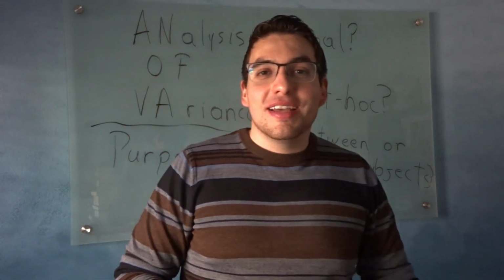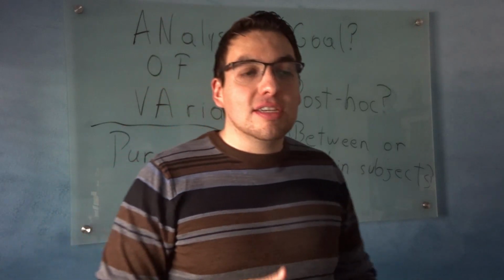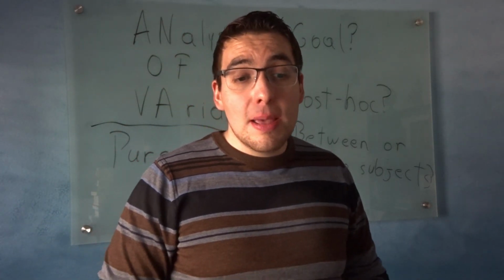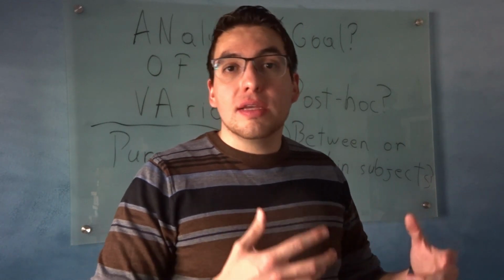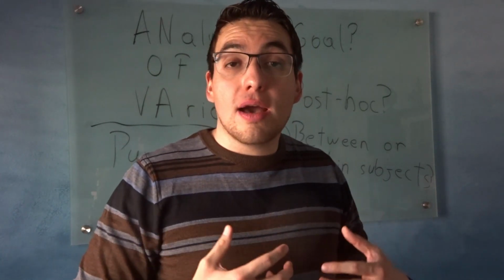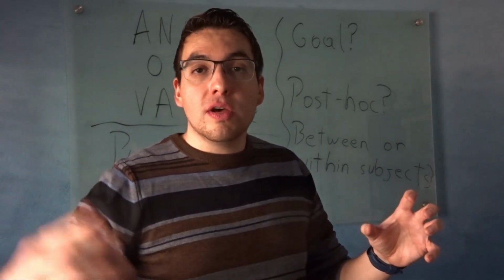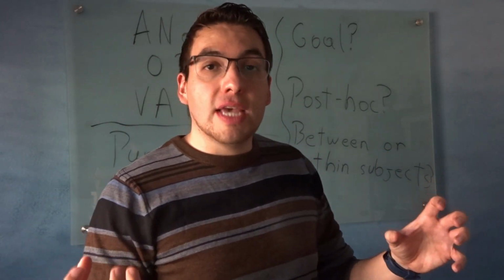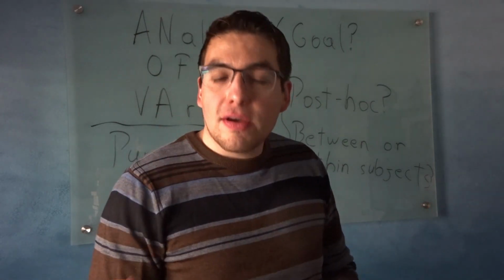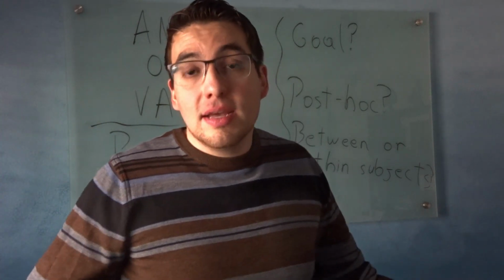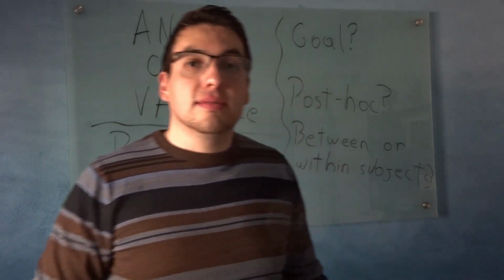The ANOVA is also called the F-test because it's based on the F-table. And the F distribution, based on degrees of freedom, is going to show you how to find the critical value. Then you're going to run your ANOVA and compare it to your F obtained value. If your F obtained value is higher than your critical number, then, you guessed it, you reject the null hypothesis.